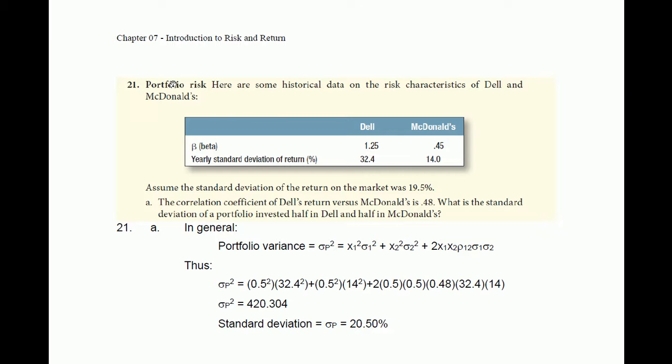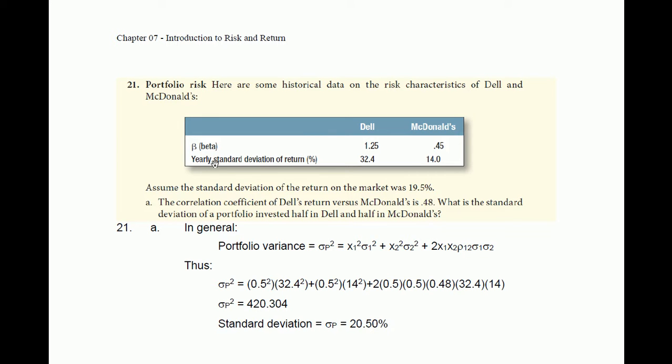Question 21, portfolio risk. Here are some historical data on the risk characteristics of Dell and McDonald's. So the beta coefficient is 1.25 and 0.45.